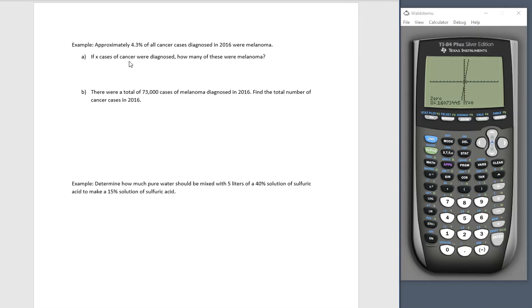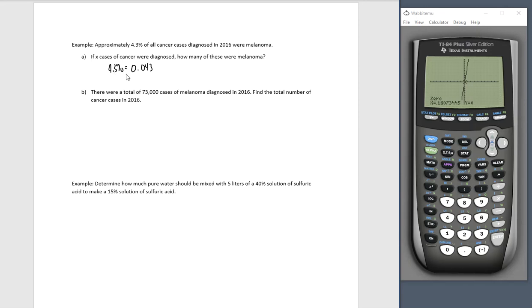All right. So approximately 4.3% of all cancer cases diagnosed in 2016 were melanoma. If x cases of cancer were diagnosed, how many of these were melanoma? Well, we know that 4.3% is the same as 0.043, right? Percent is per 100, so we'd move the decimal 2 places.